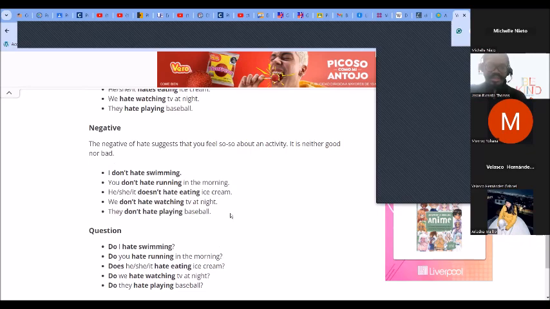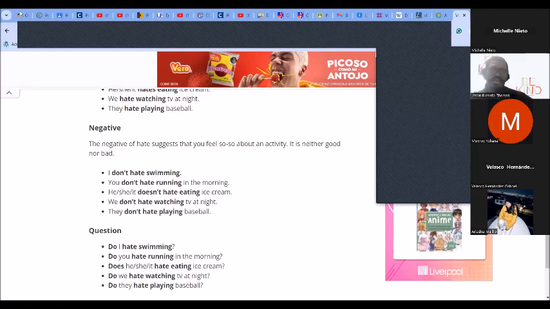And Ariadna, do you hate loud music, listening to loud music? No, I don't hate listening to loud music. Okay, yeah, sometimes music has to be really loud. Good. So this is what we're practicing.